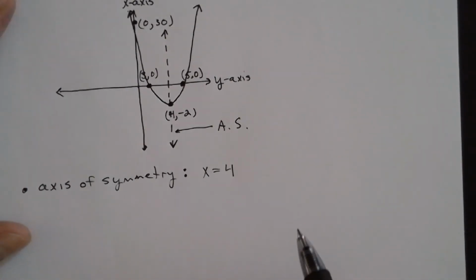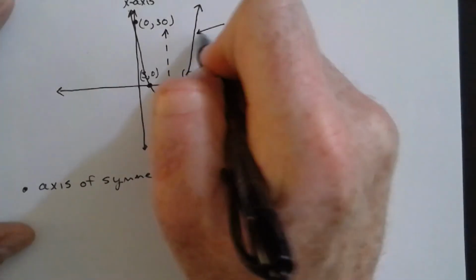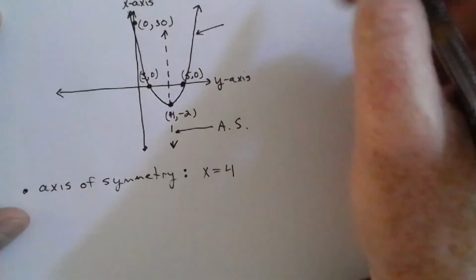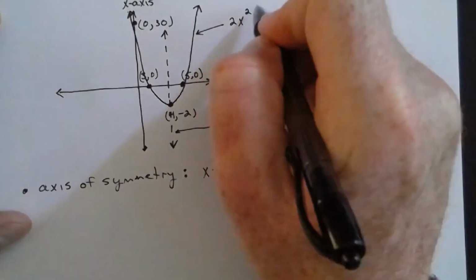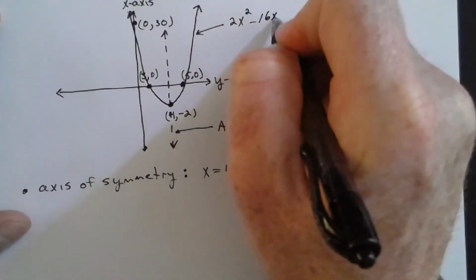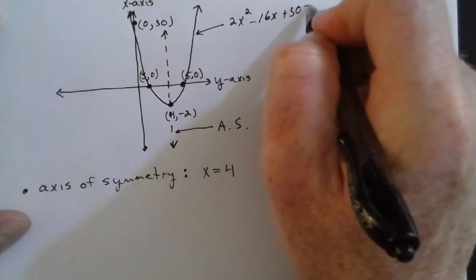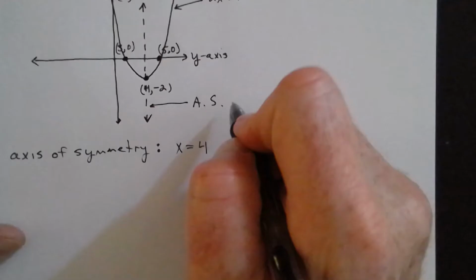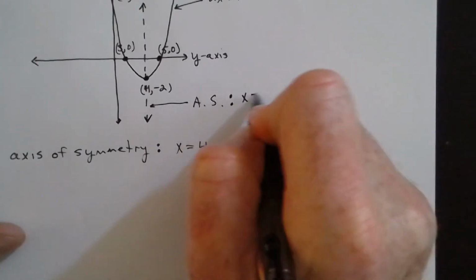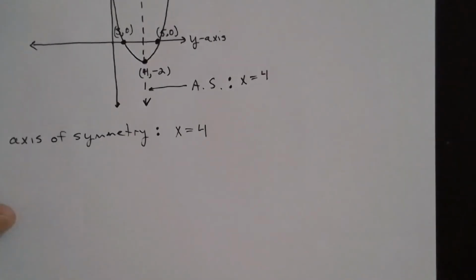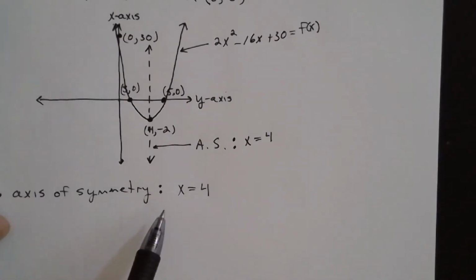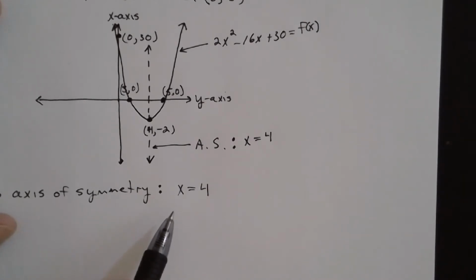So that's the axis of symmetry. Where's our minimum point? It's 4 and negative 2. Does the graph have a maximum point? No.